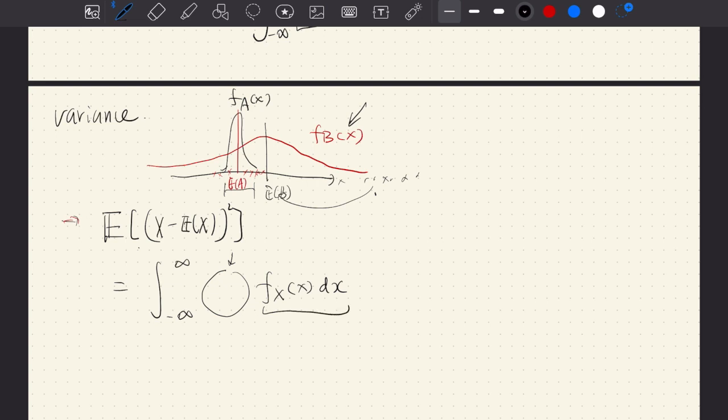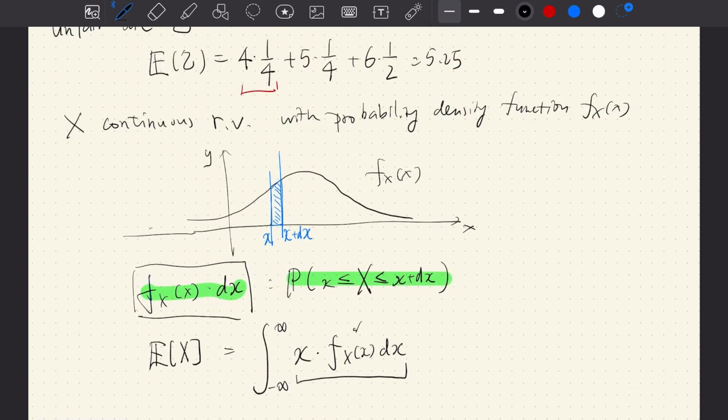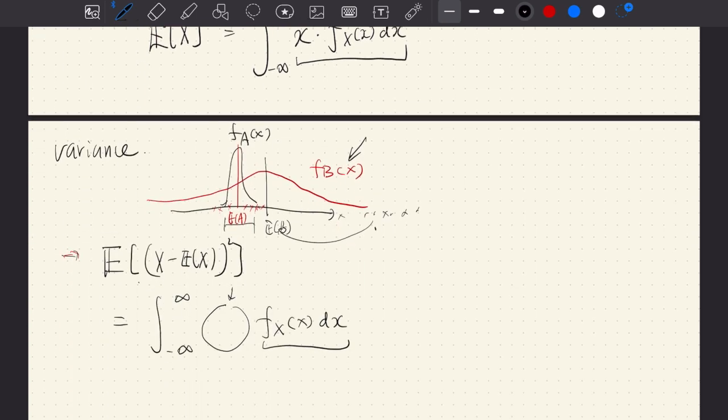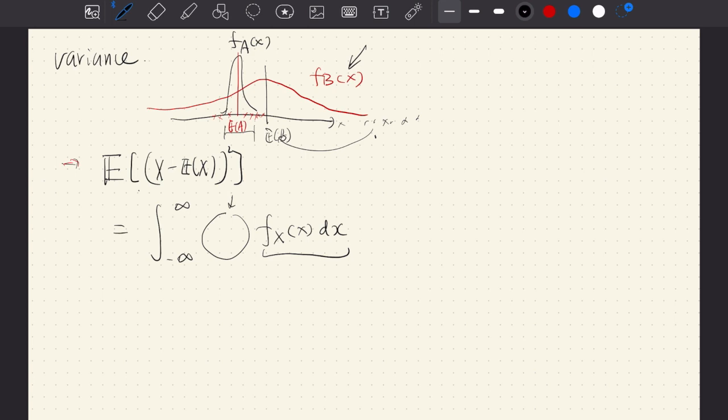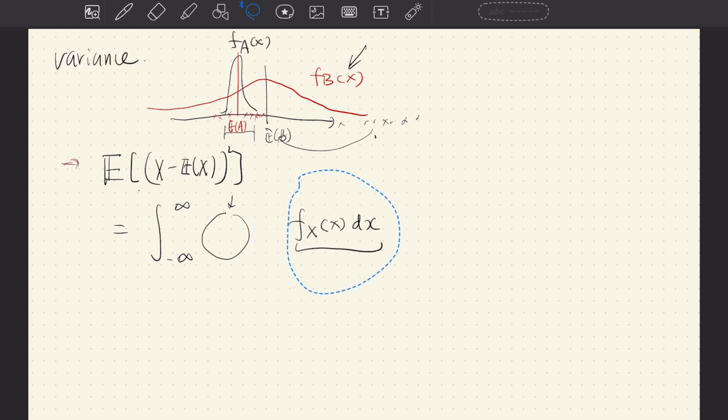Previously, when we came up with the definition of expected value, we sliced up the x-axis and multiplied the outcome of x by the small chunk of probability. Here we're not looking at the expectation of x, but the expectation of (x minus expectation of x) squared. So we do the same thing for the second term.